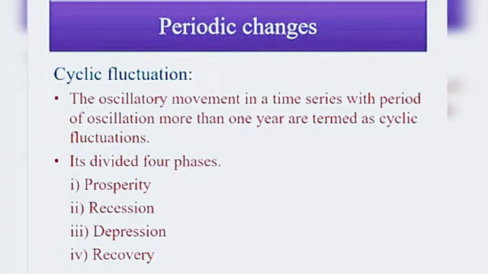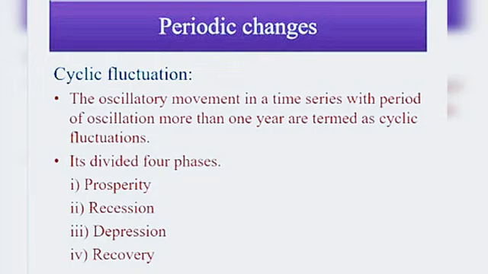The next one is the cyclic variation. Cyclic variation is an oscillatory movement in a time series with a period of oscillation of more than 1 year, termed cyclic fluctuation. One complete period is called a cycle. It is mostly used in business, where it is denoted as the business cycle.